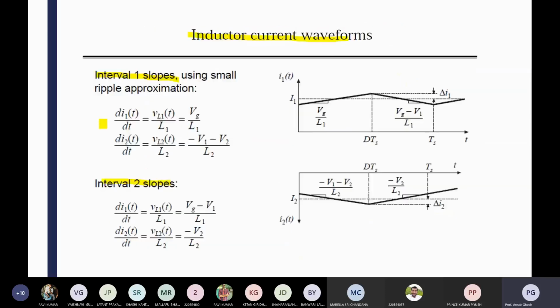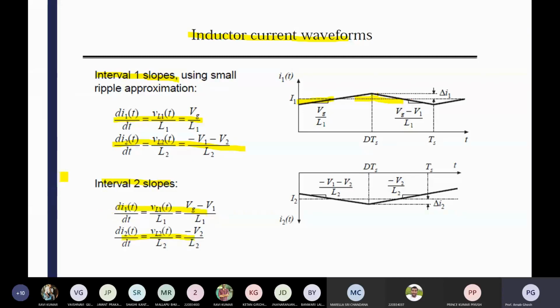So 2 expressions will be there. After that you can draw the waveform. For the positive slope and negative slope, both cases you can observe. For interval 2 again you are getting the same thing.